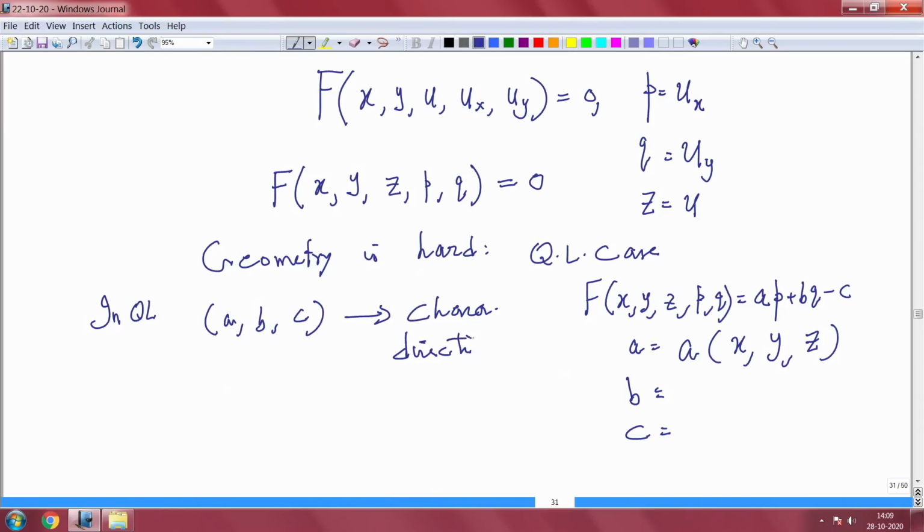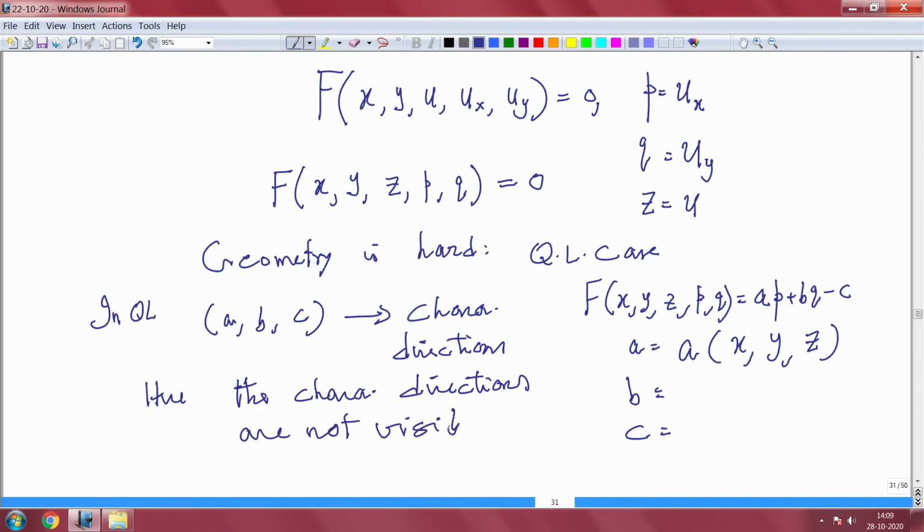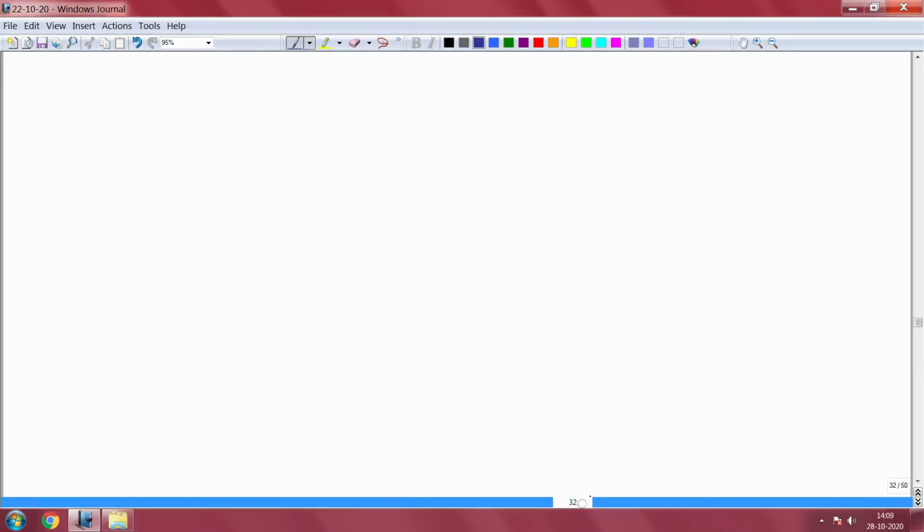But one of the difficulties here is that the characteristic directions are not visible. We have to find out those directions. So we need to do something more about the geometry, but then there are more difficulties.